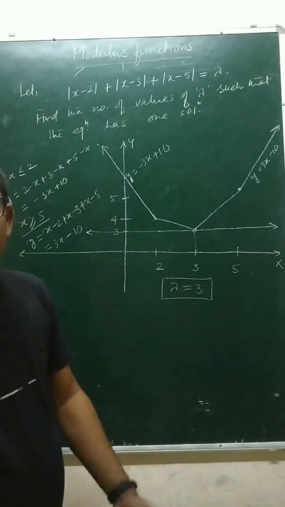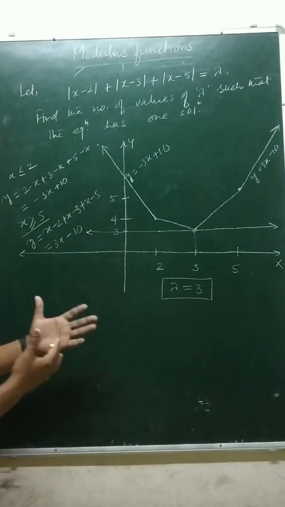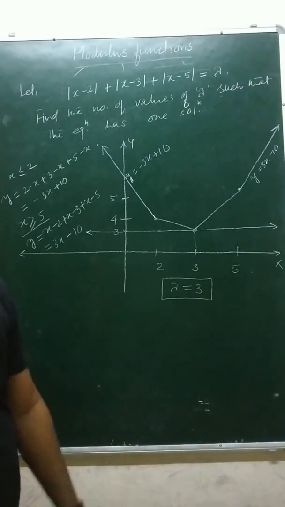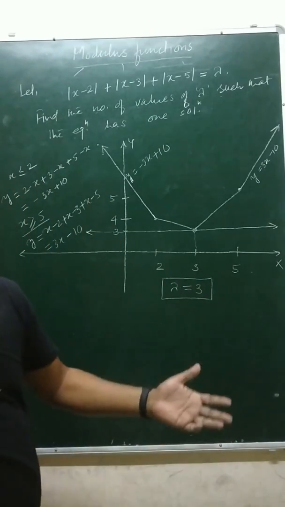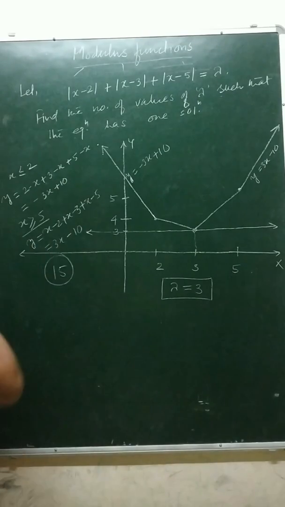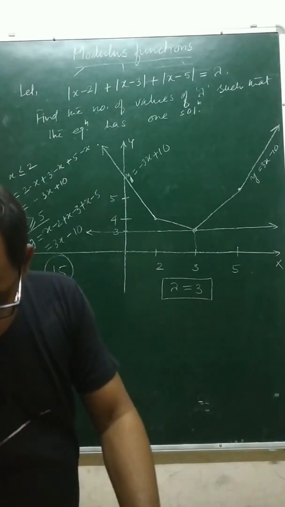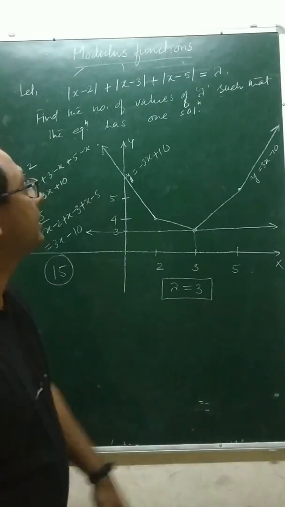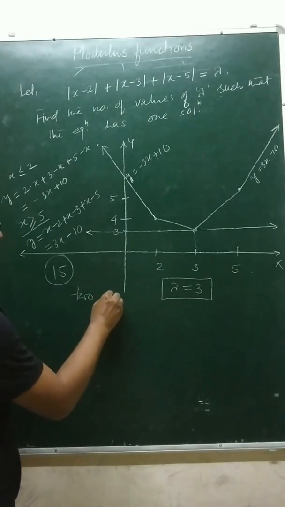This question again can be manipulated, it can be improvised into another question. Suppose somebody asks me the same question: find the number of positive integers less than 15 such that the equation has two roots.